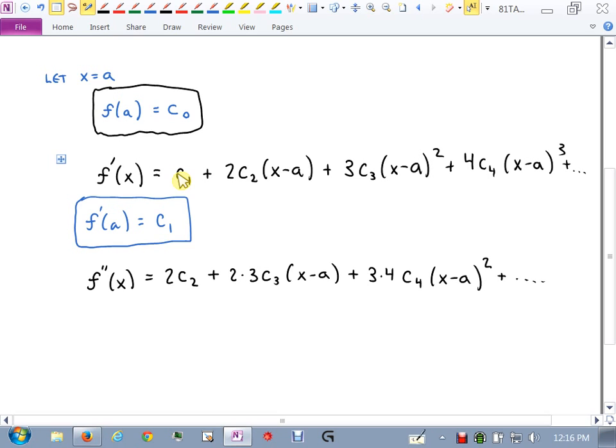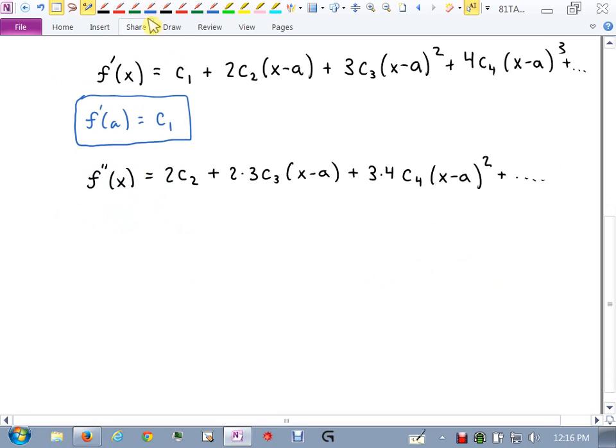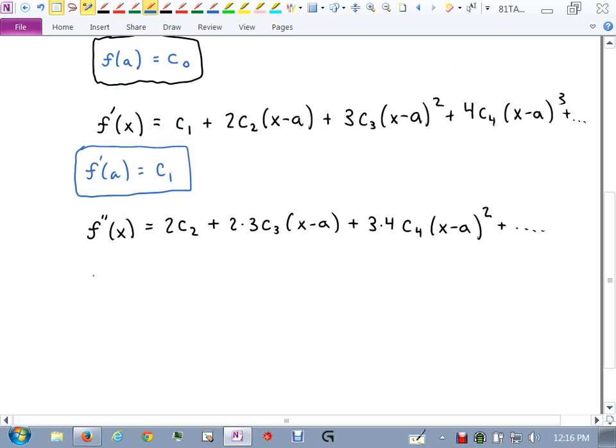Okay, so the derivative of c sub 1 is 0. The derivative of this is just 2c sub 2. The derivative of this, the power comes out. That's 2 times 3 c sub 3 x minus a to the first power, and so on and so forth. Now I'm going to say, what happens if I let x be a again?